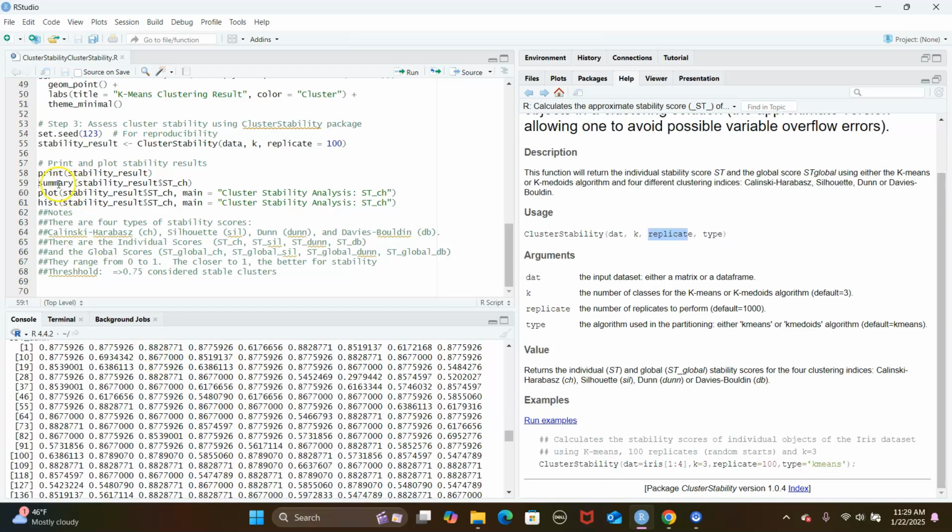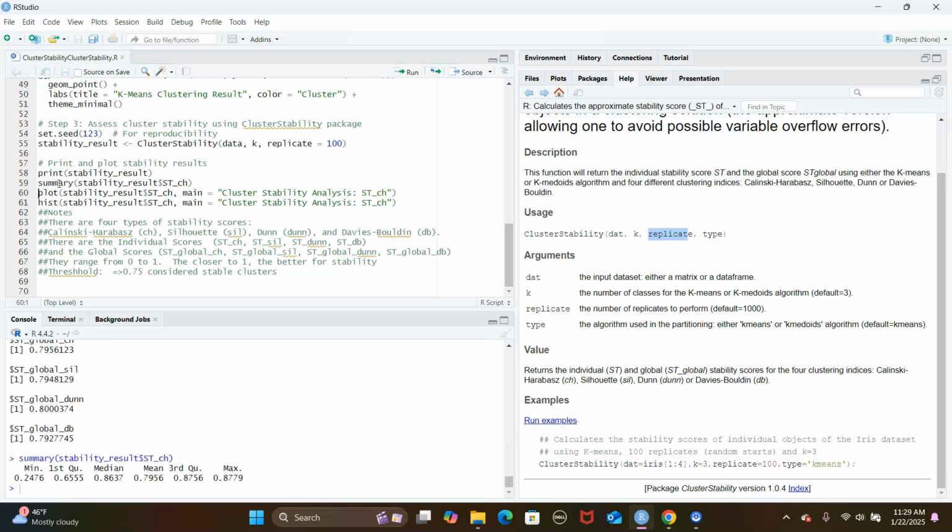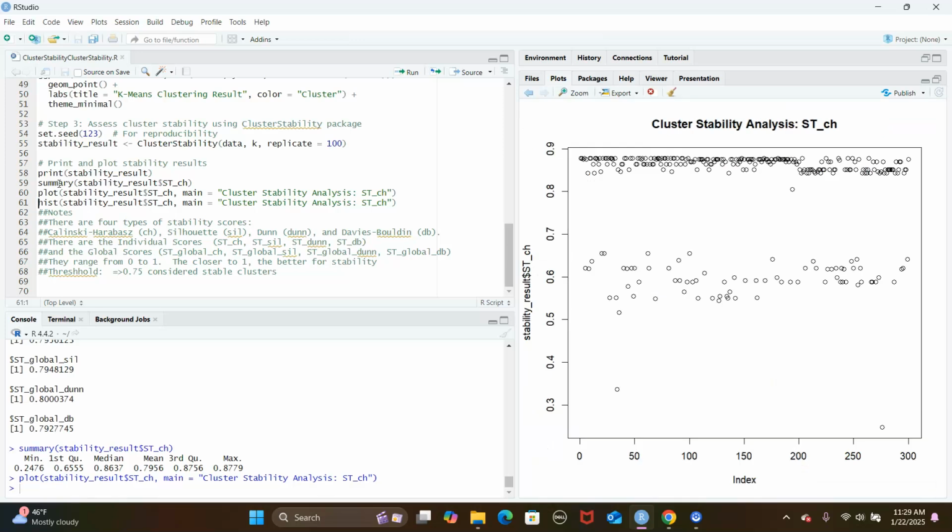There's the individual score, and then we can do a summary. So it's a numerical summary. The largest is 0.87. That's good. And the lowest is 0.24. So if we plot them out, they look like that. If you look at these points, those close to 0.9 are very well clustered.